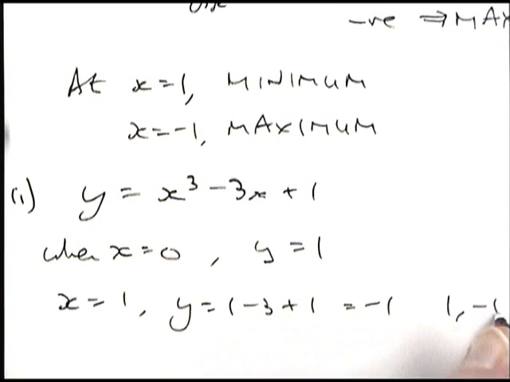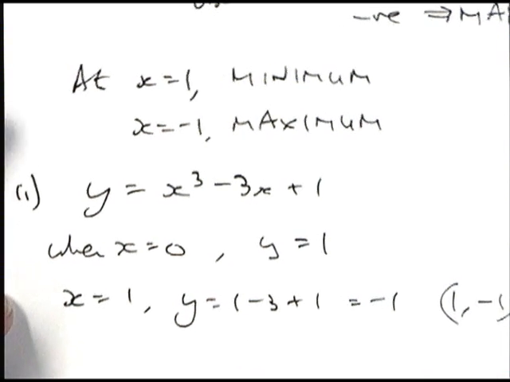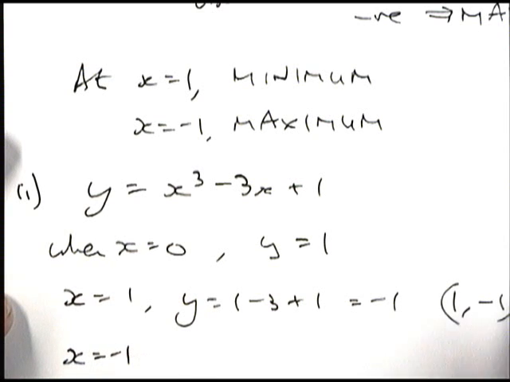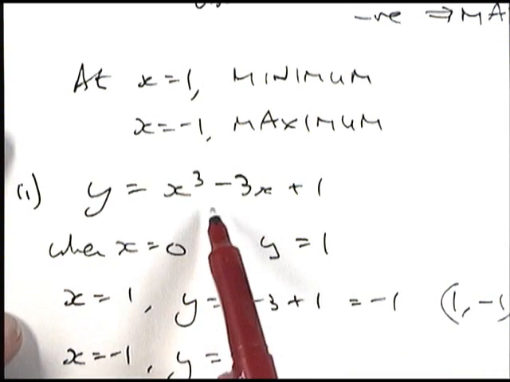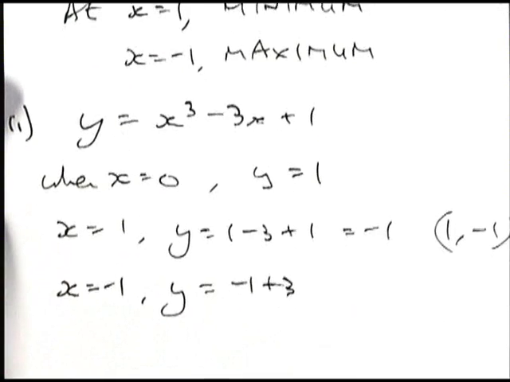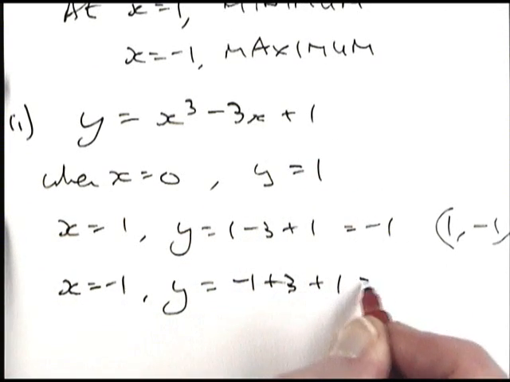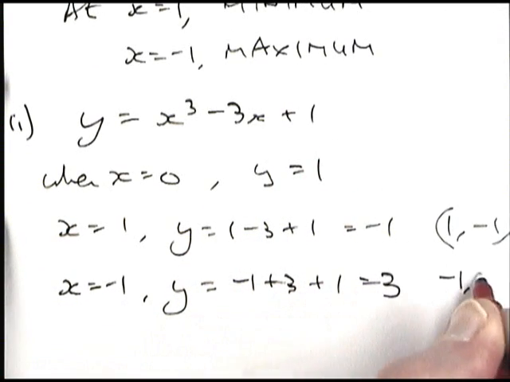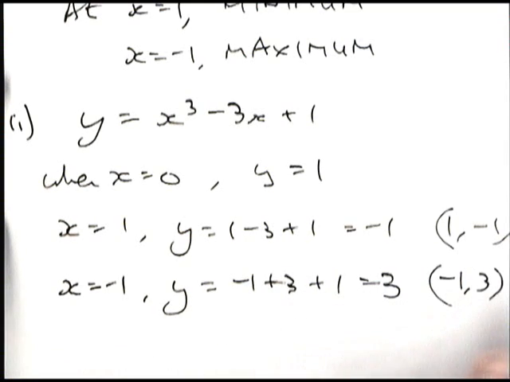So we've got the point 1, minus 1, which is where we have our minimum. And for a maximum point, we're going to have y equals minus 1 cubed, which is minus 1, minus 3 times by minus 1, which is plus 3, and then the plus 1, and that is 3. So it's at minus 1, 3, we have our maximum.